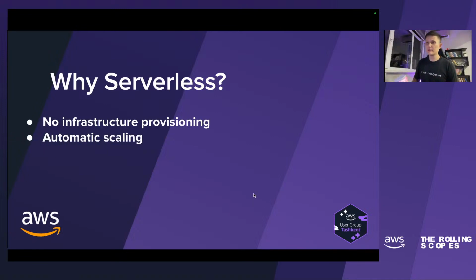The second reason is automatic scaling, and this is kind of the killer feature of serverless. Suppose you have a website with very flat demand, very close to zero, because usually all of us create some blog which is visited by two persons a week.